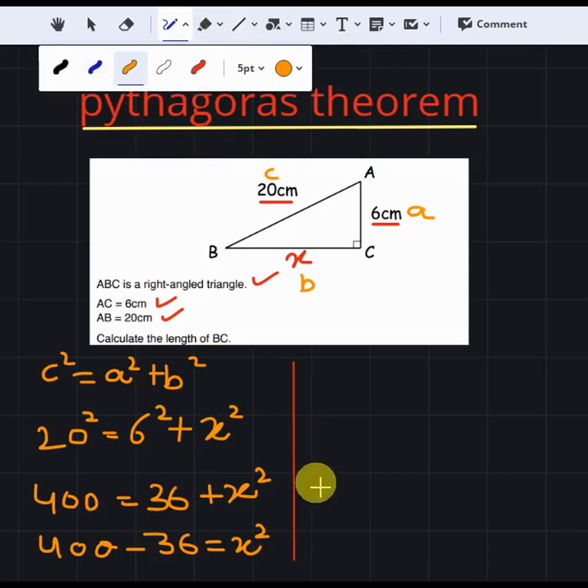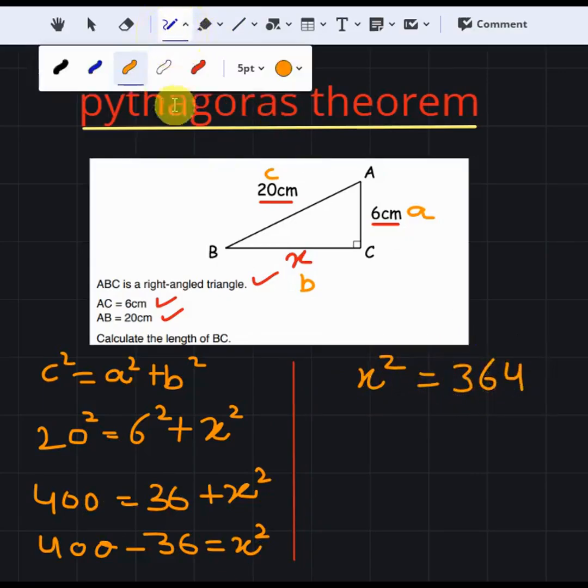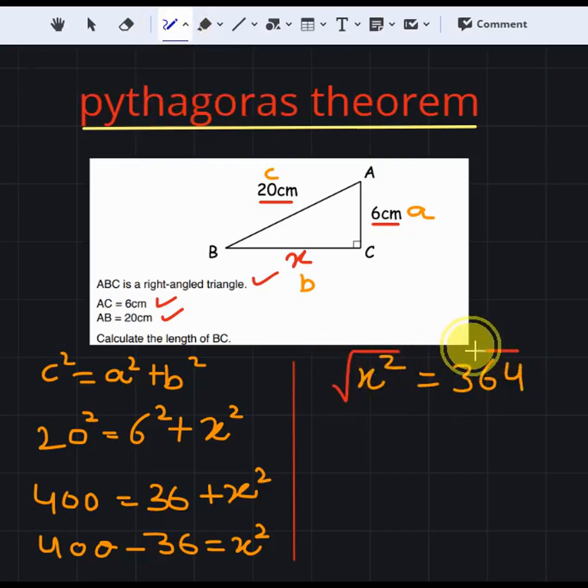So 400 take away 36 is equal to 364. So x squared is equal to 364. Now I am taking the square root of both sides of the equation. So x is equal to the square root of 364, which is 19.0 centimeters.